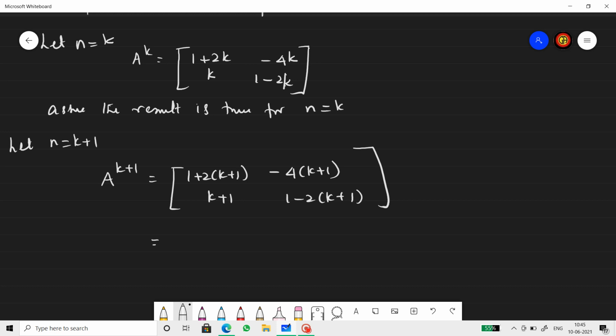Let's simplify this to some extent. So A to the power of k plus 1 equals 1 plus 2k plus 2, minus 4k minus 4, k plus 1 and 1 minus 2k minus 2.